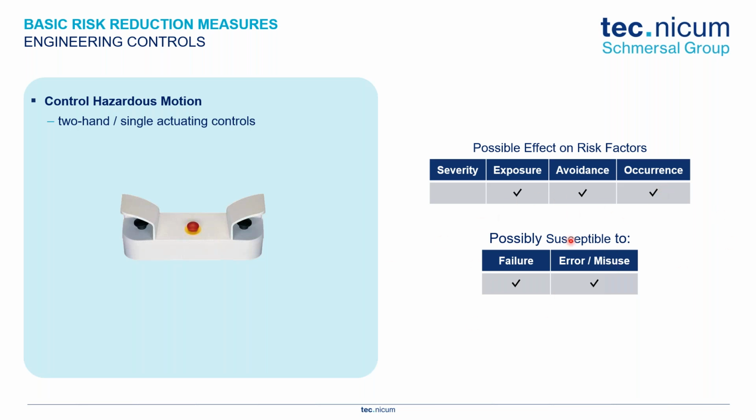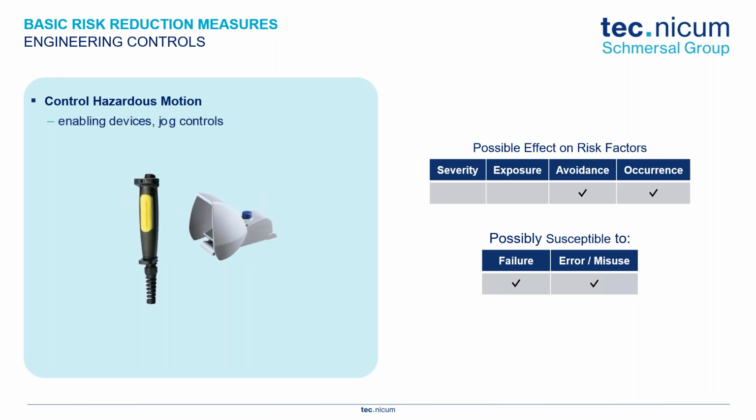But again, it's a safety function. When there's a will, there's a way. Let's be honest. So there may be some misuse, but even if there's no willful intent, maybe just some errors that can happen when trying to use two-hand controls. And again, maybe it's possible failures with this system. Okay, and this is where some other standards come into play as far as trying to minimize failures with the safety system.